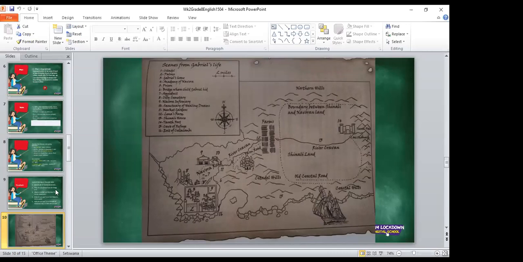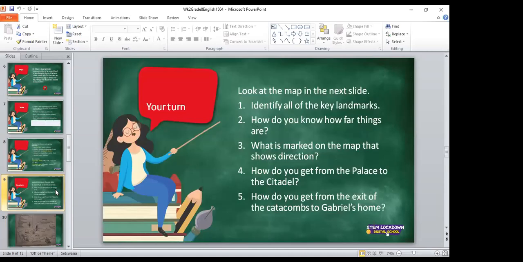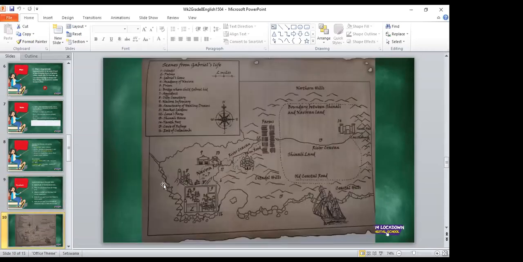And here are the questions. The question is, identify all of the key landmarks which are in this map. So which landmarks can you identify here? Which landmarks can we identify from this map?